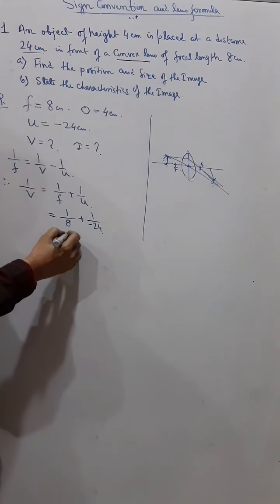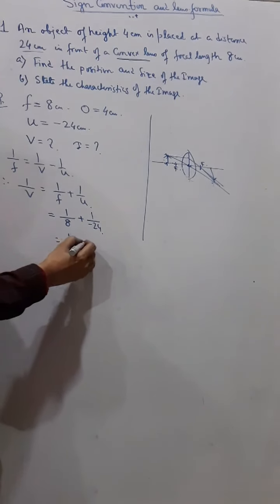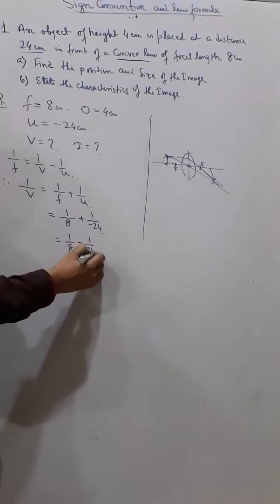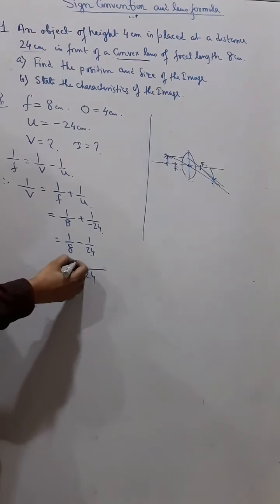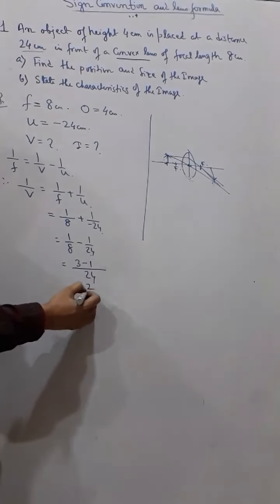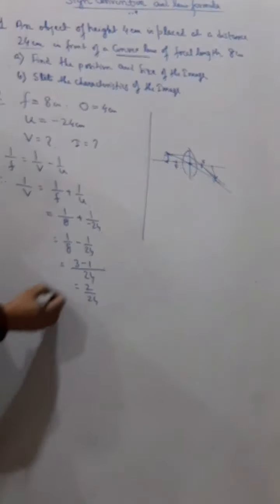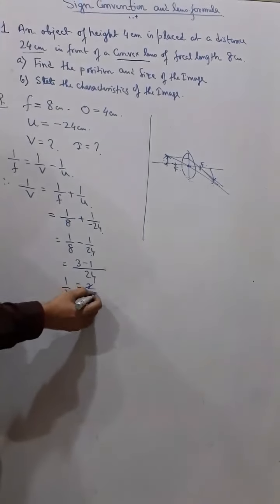So ultimately it becomes 1 by 8 minus 1 by 24. So I can take LCM, 24. 8 3s are 24, and 24 1s are 24. So I get 2 by 24, and that is 1 by V. So finally I get 1 by 12, and V is equal to 12 centimeter. So we get V as 12 centimeter.